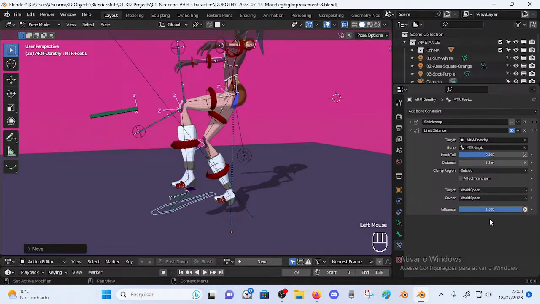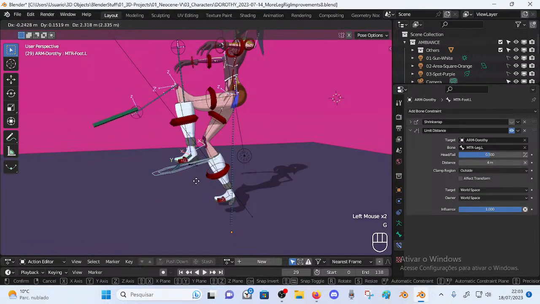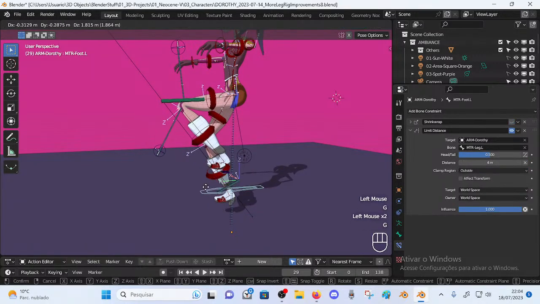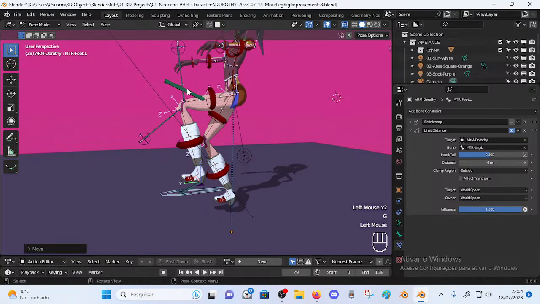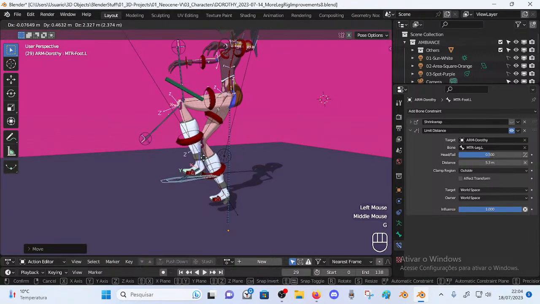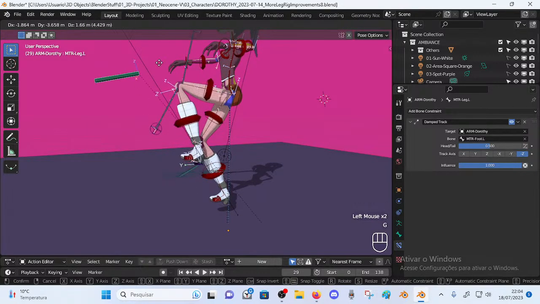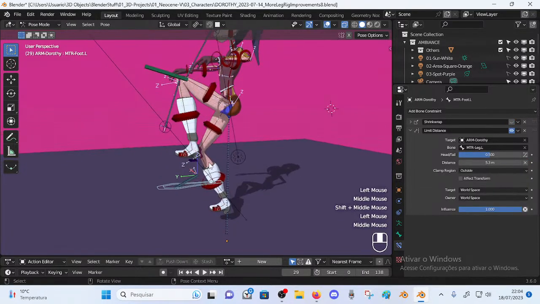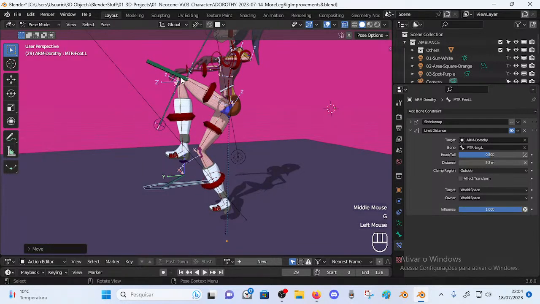But here, if I give this limit distance bone constraint, maybe I need a bit more distance, yeah, something like that, this could be good enough, except that I can displace this bone a lot, and this will cause some variations in here, I think.